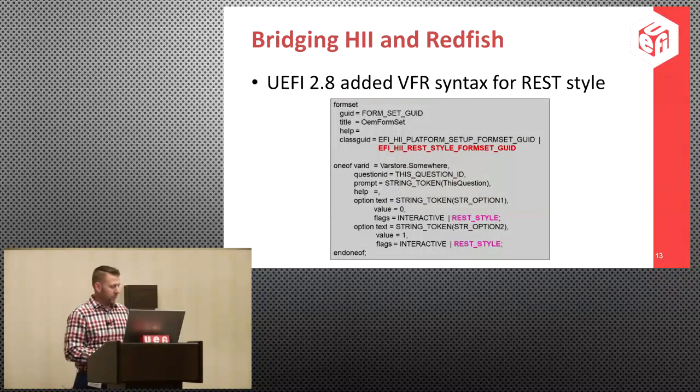So how would we go about doing this programmatically? It's one thing to talk about it and how you'd partition it up, but programmatically, how does UEFI do this translation? In UEFI 2.8, they added the REST style class GUID to the VFR syntax.